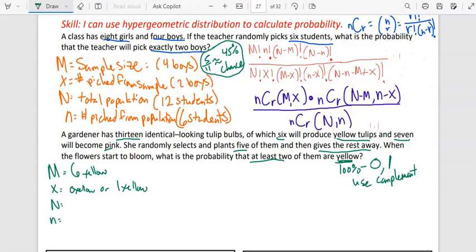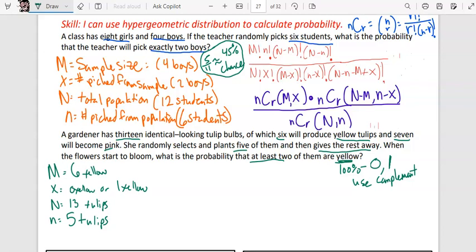And then capital N, the total population, is 13 flowers. And then lowercase n, they picked 5 flowers from the population. So we're going to do this formula twice, and then it's going to be 1 minus those.